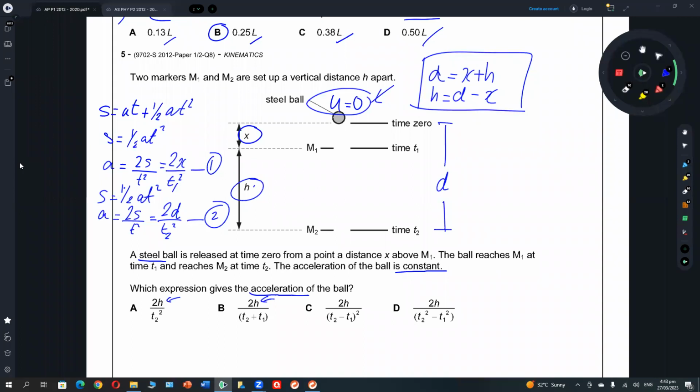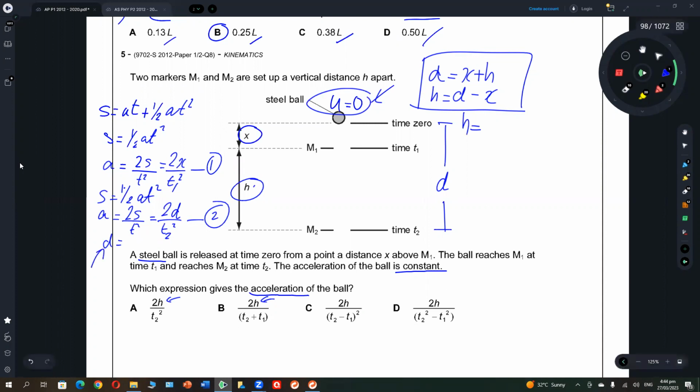Now, can you help me in putting the values here? What should I put for D? If I make D the subject here, can you tell me what D would be?